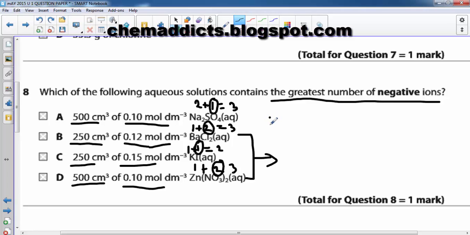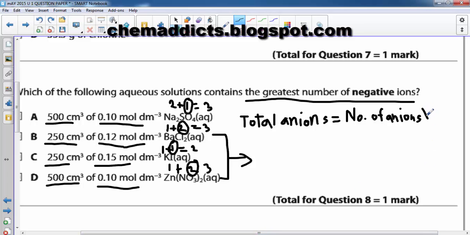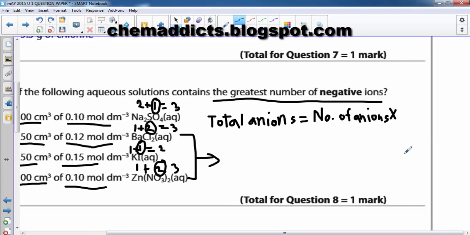So we will use another equation here: total number of anions is equals to number of anions multiplied by number of moles.